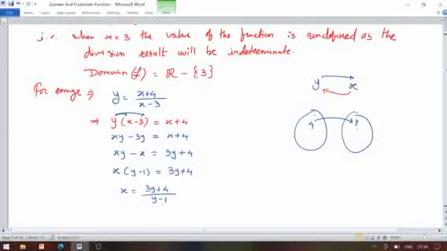Now the value of x exists for all real values of y except those values that give the denominator as 0.